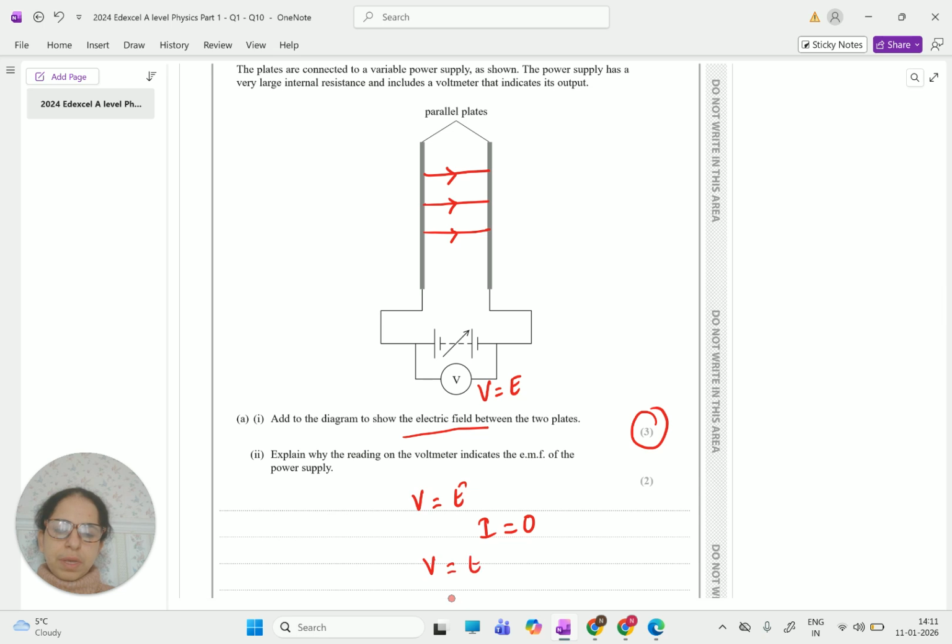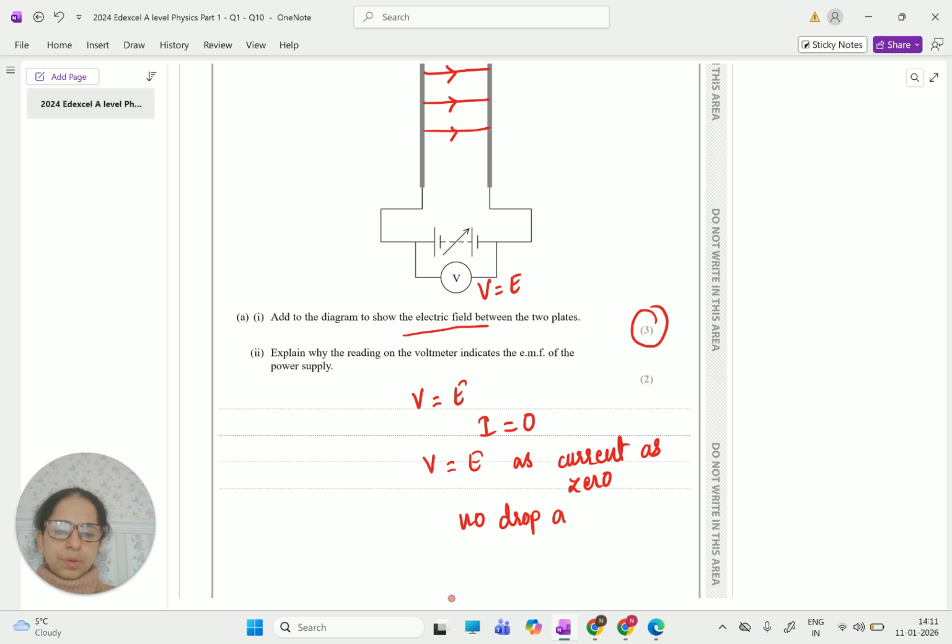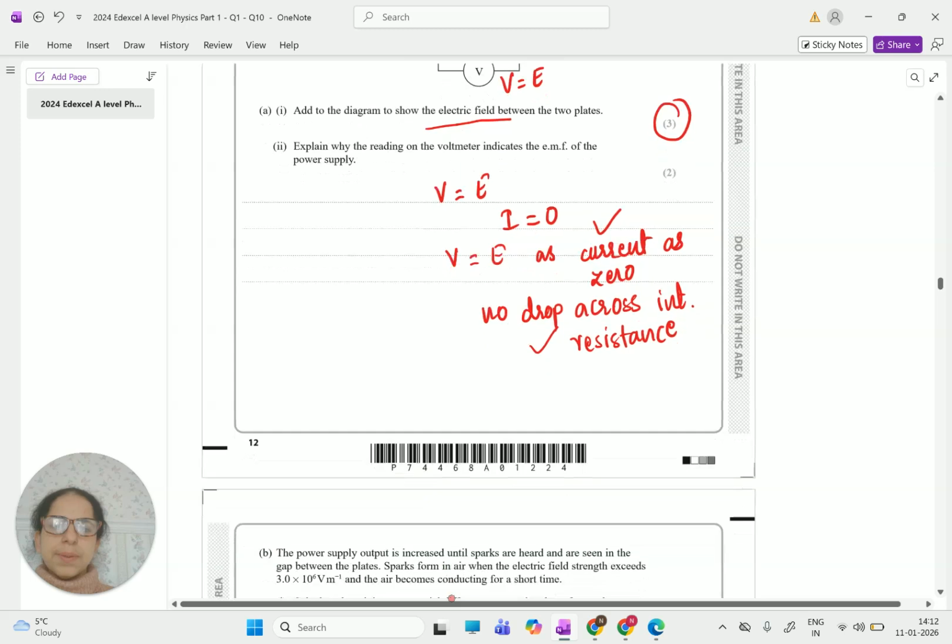So V will be equal to E as current in the circuit is 0, so no drop across internal resistance. The 2 marks come from: current is 0, and no drop across internal resistance.